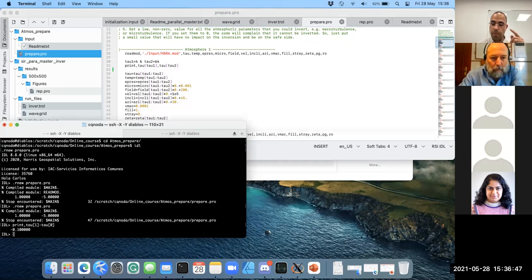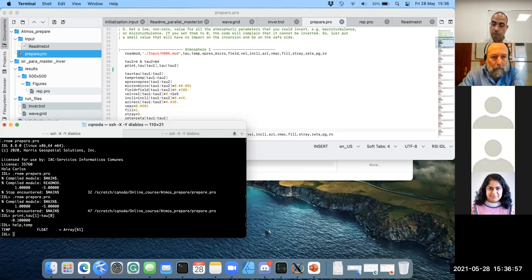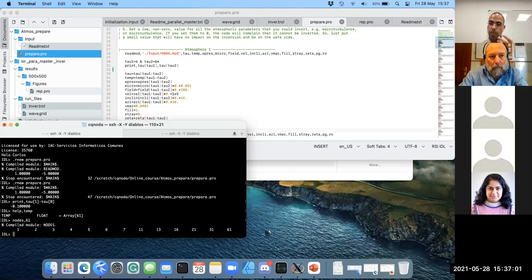So the step is 0.1 or -0.1, depending on how you start. And in this range we have 61 points. So you can see that with this configuration, we are covering a given range, and the number of nodes that we have is also very flexible. We can do the inversion with 1, 2, 3, 4, 5, 6, 7. So this is a lot of freedom.